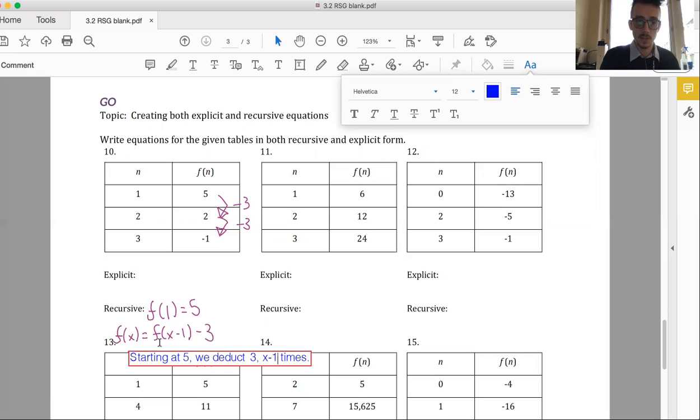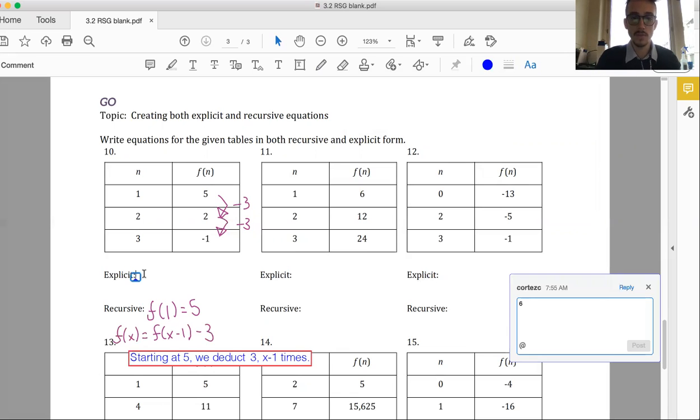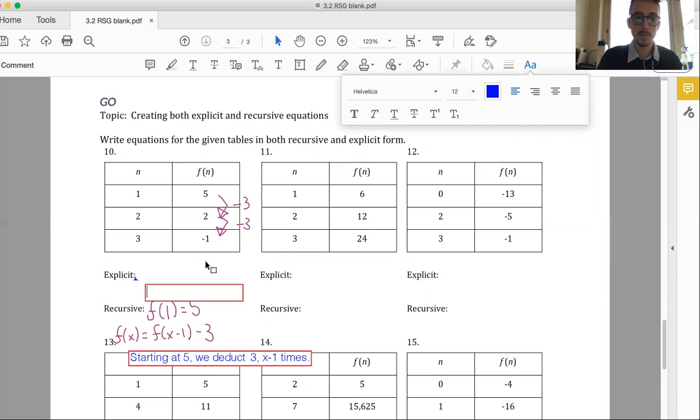So this sentence actually is going to help us make the explicit, which is going to be starting at 5. So let's write this in. Starting at 5, we deduct 3 x minus 1 times. And that should, let's call it n minus 1 times. And that's equal to f of n.